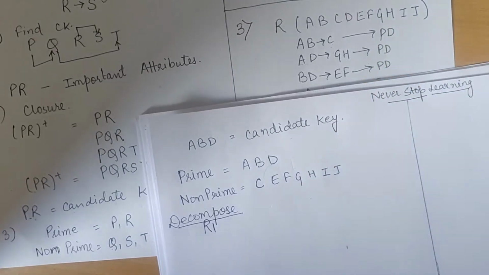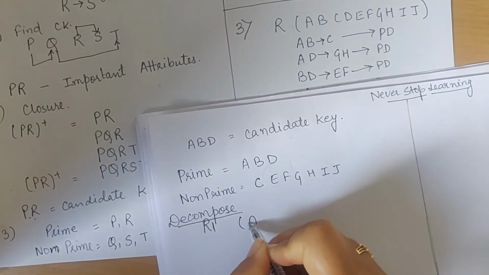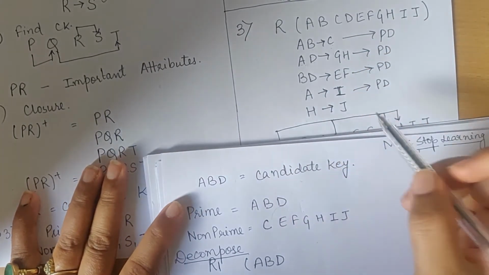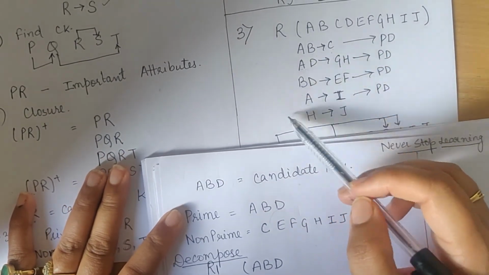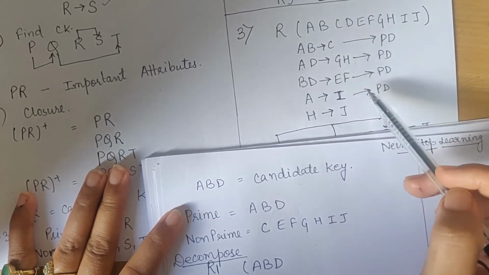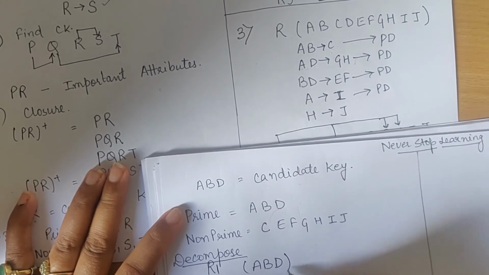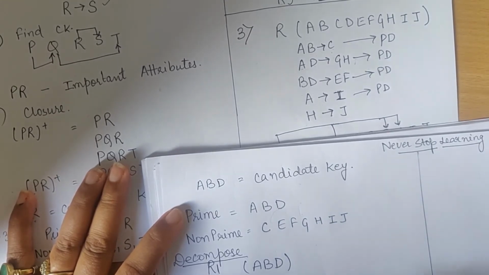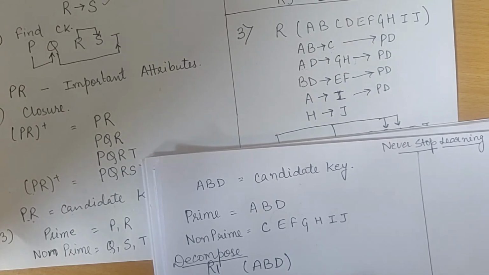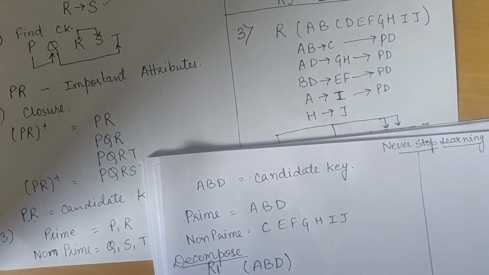So for R1 I am writing the candidate key, which is ABD. Does ABD determine anything, any dependency you can see here? No. So this table will only contain ABD. Next, another table, R2.